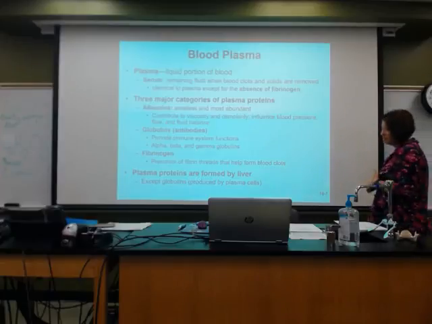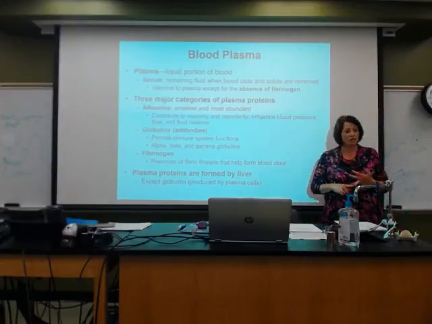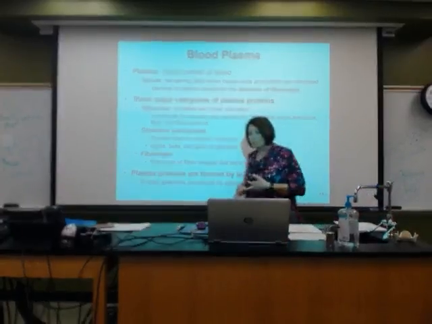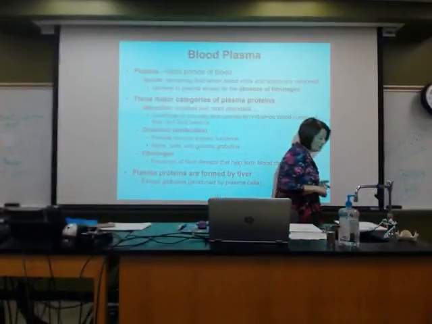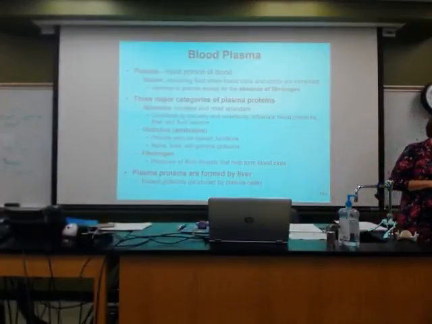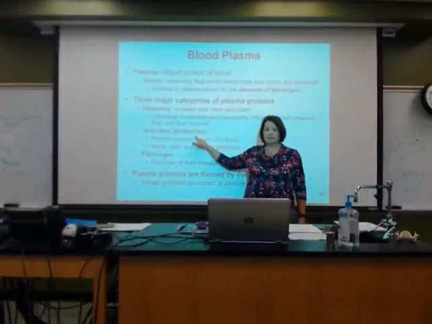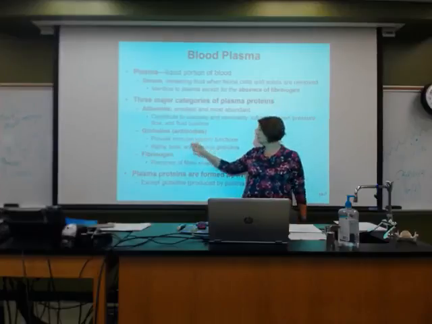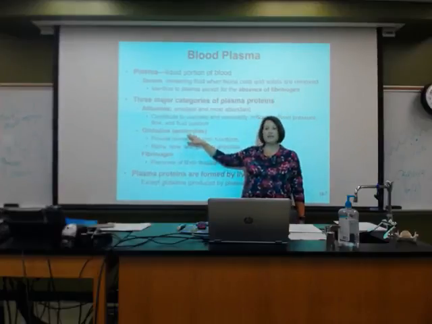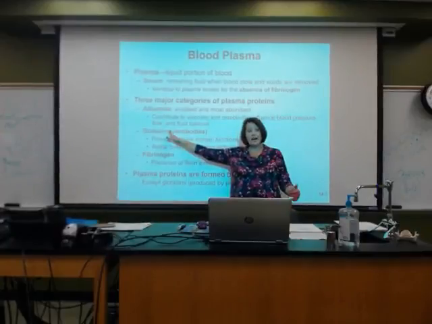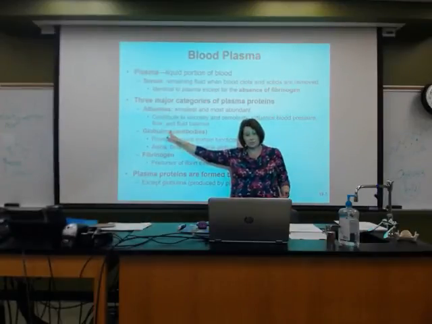We have to transport carbohydrates. We have to transport hormones. We have to transport ions. We have to transport antibodies. So globulins, not just for antibodies, but globulins are for the transport of a lot of other materials.